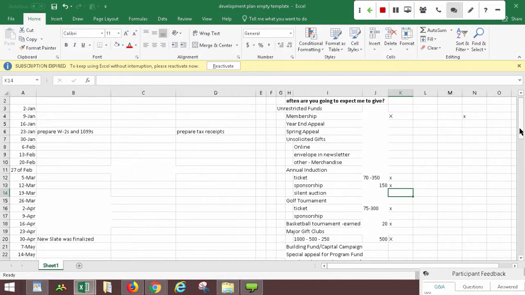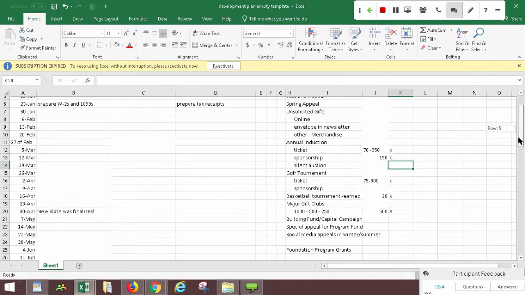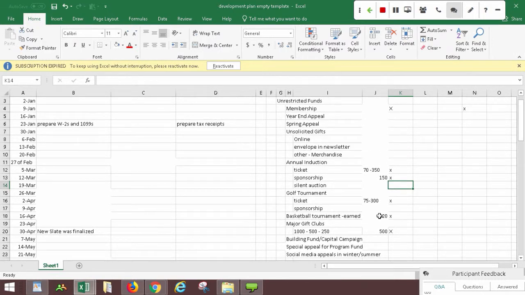So a document like this helps a prospective board member understand that the expectation of them as a donor might be somewhere between $250, $290, maybe $400 at the low end, maybe $2,000 at the high end, in terms of what is going to be expected of me financially.